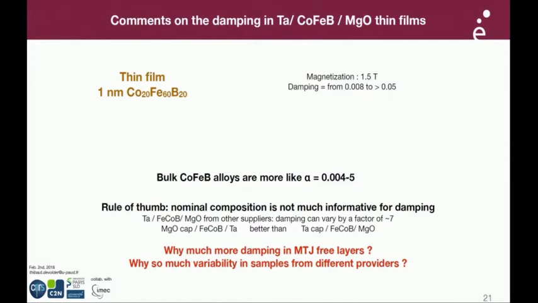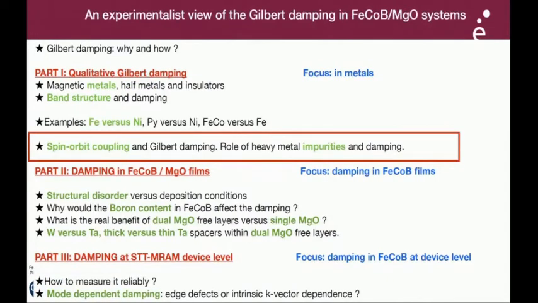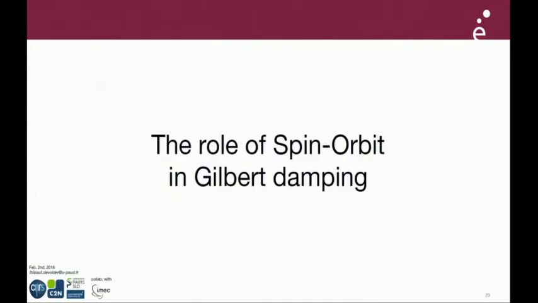For tantalum, iron, cobalt, boron, MgO, a very standard structure in spintronics, some suppliers will give you layers with similar composition, and they will have damping that will vary very much among these sets of samples. So there is a lot of variability in samples, and this brings me to a discussion about the spin-orbit coupling and the role of impurities in metals.